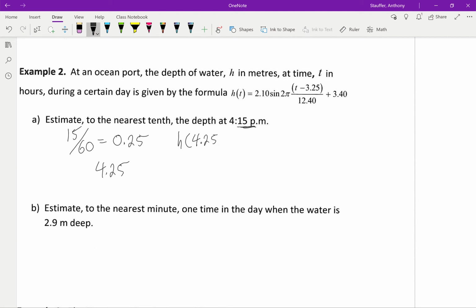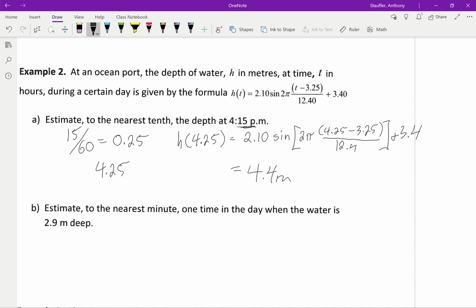So I'm looking for h at 4.25, and this would give me 2.10 sine. Now you have to be careful of the brackets right here. Otherwise, you may make a slight mistake. And putting this in, this gives me 4.4 meters. So the depth is 4.4 meters.